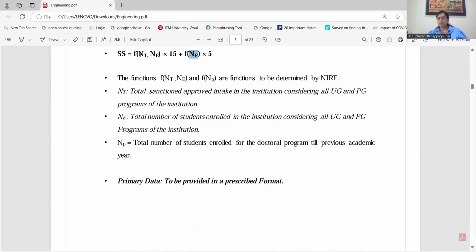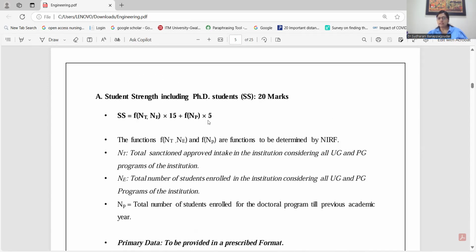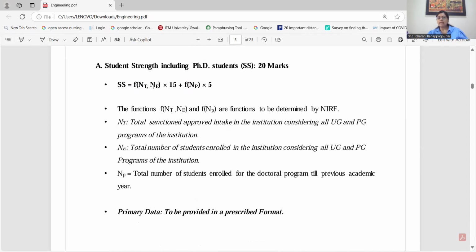So, once again I repeat this. NT and NE are the formulas, and NP is also a formula explained for this particular student strength. Okay. NT is the total sanctioned intake for all the UG and PG programs, whereas NE stands for how many students are eligible for that particular enrollment.